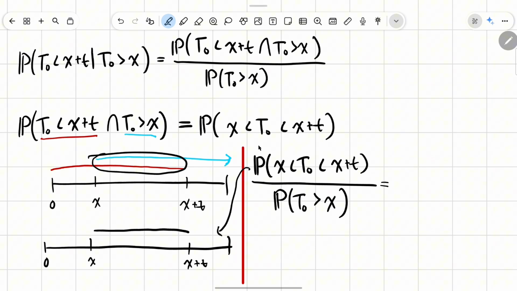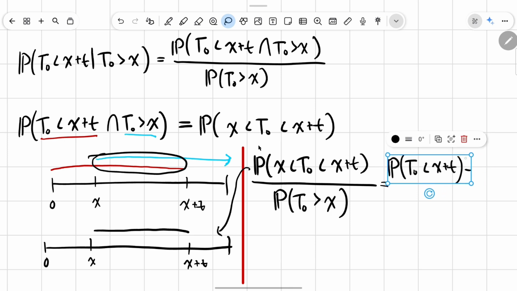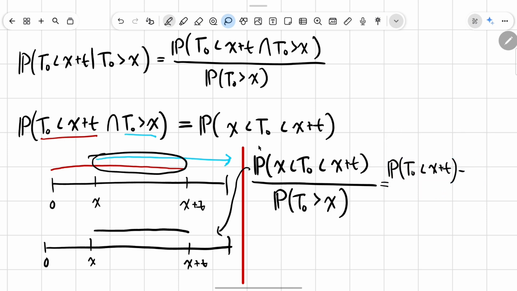We can write this as the probability that T0 is less than x plus t, minus the probability of T0 less than x.